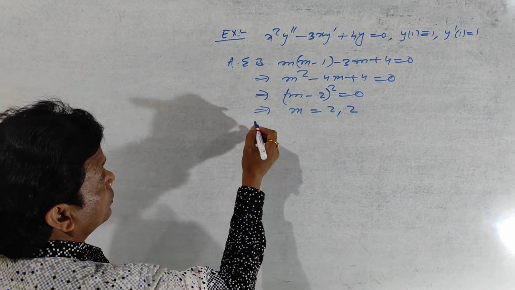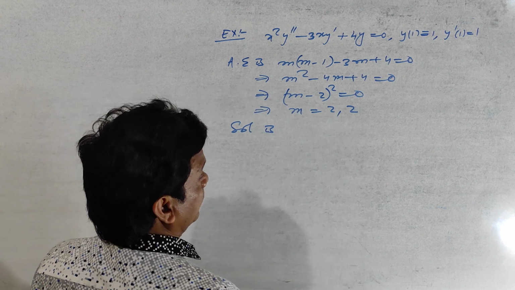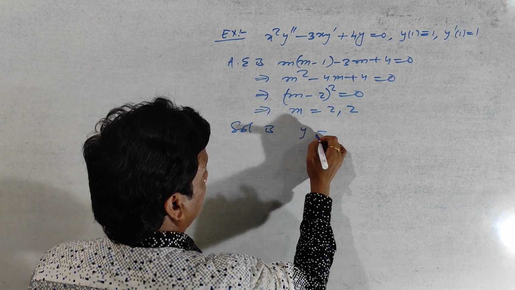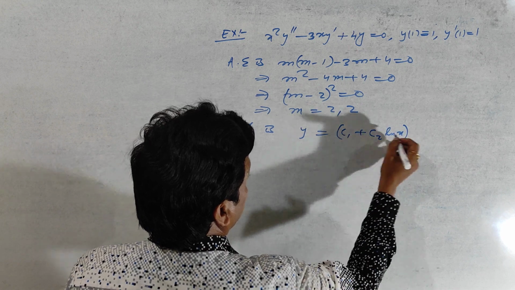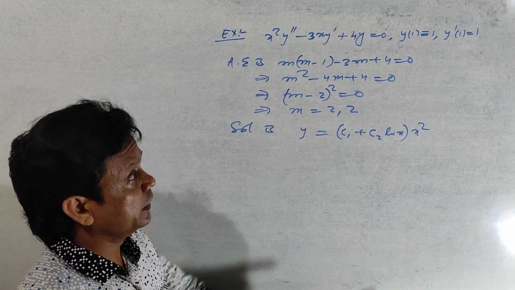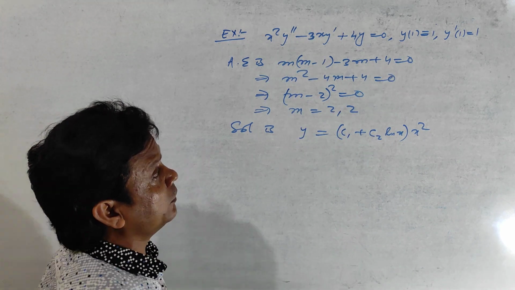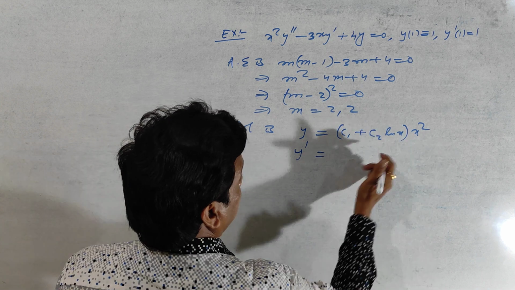Here the two roots are equal. So y = (c1 + c2 ln x) x². And in the condition it is given y'. So find y'.